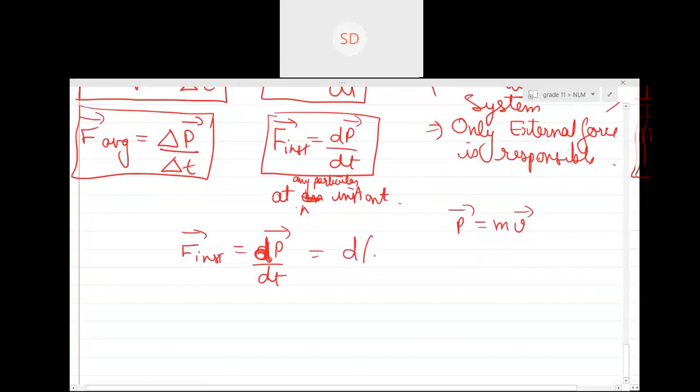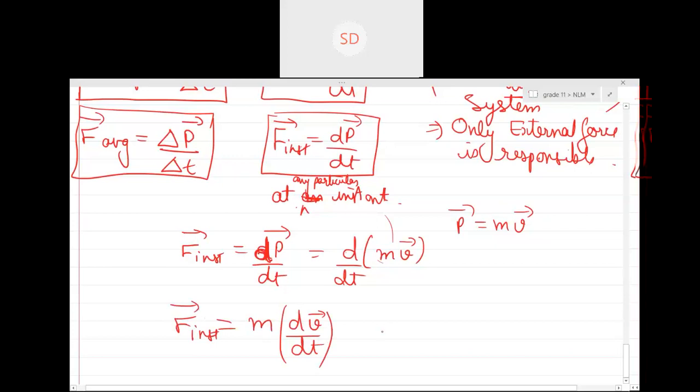Yes. It will be d by dt of mv vector. So can you see, mass is constant. Mass will come out. It will be mass coming out, dv by dt. And what is dv by dt, by the way?